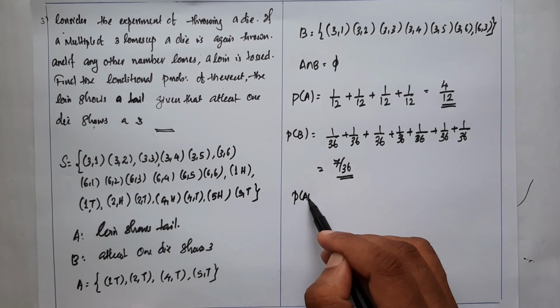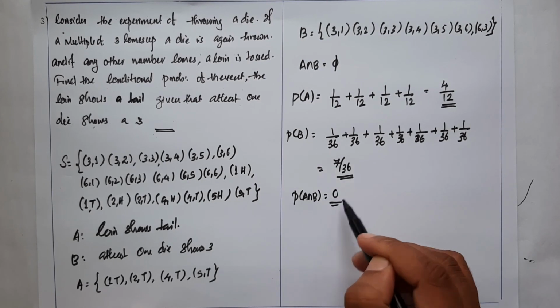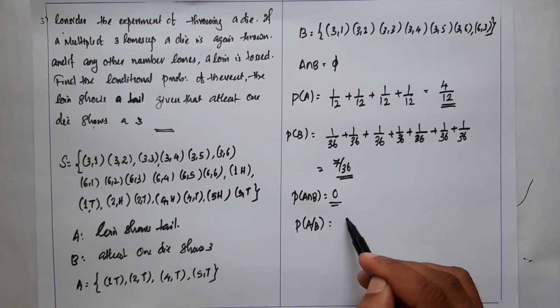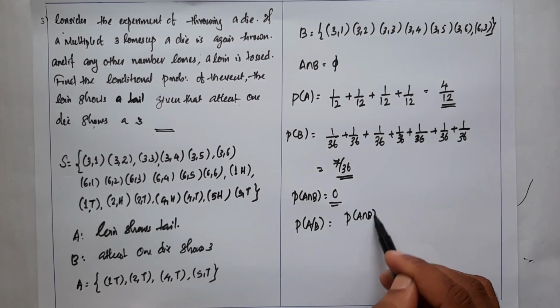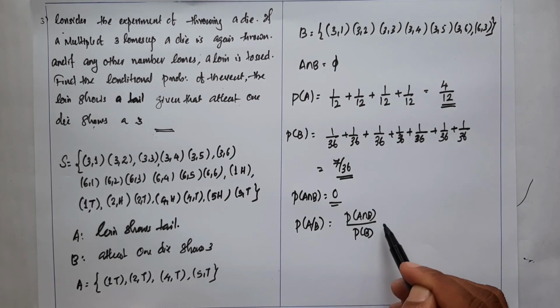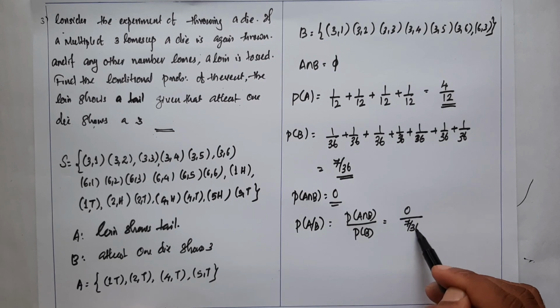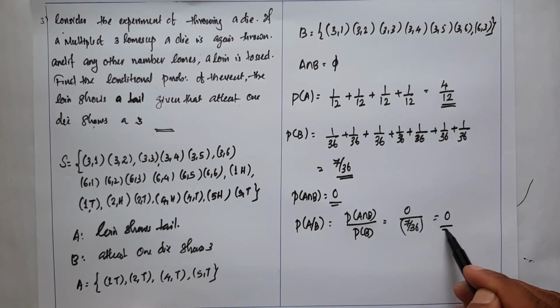And the probability of A intersection B is 0 because it is a null set. Therefore P of A given B, using the formula P of A intersection B divided by P of B, is 0 divided by 7 by 36, and the answer becomes 0.